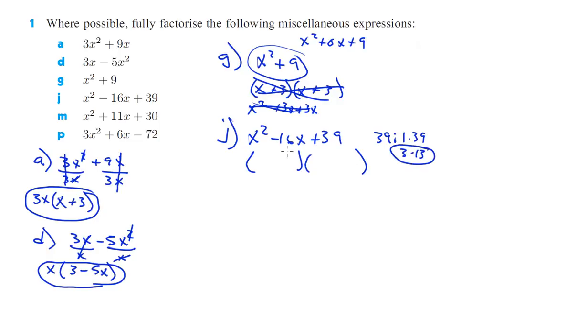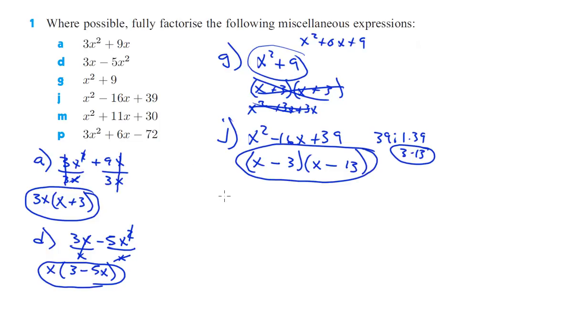They do. 3 and 13 do. So we go x and x. We can put 3 and 13 in. Doesn't matter which one goes where. Now here's a fairly easy way to do this: think of what kind of signs these need to have to add up to negative 16. They have to both be negative, and there's your factors on that.